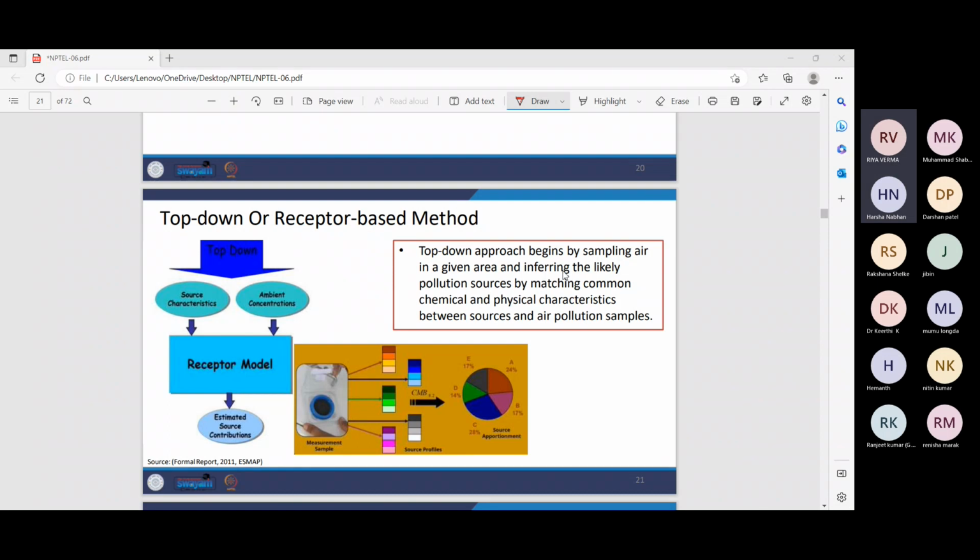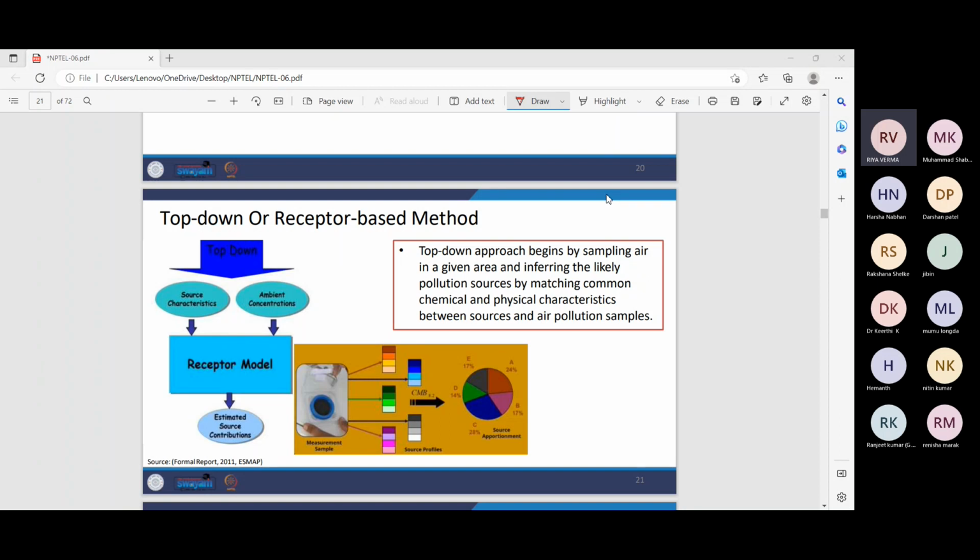Ma'am, we have one last term, the chemical mass balance. I don't understand the term itself, ma'am. Can you please explain the chemical mass balance? See, basically, the mass balance equation is just like, if we have some inlet and some outlet points, the basic assumption is that whatever amount of pollutant is coming from that inlet, the same amount is delivered from that outlet.